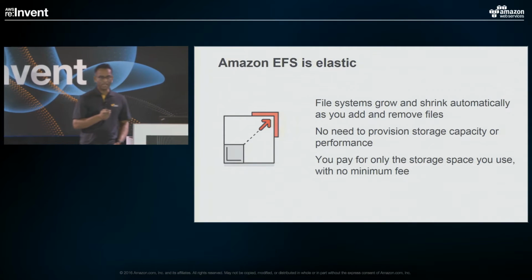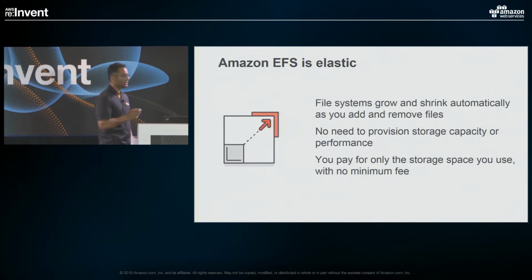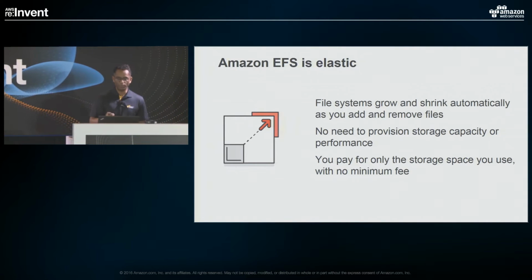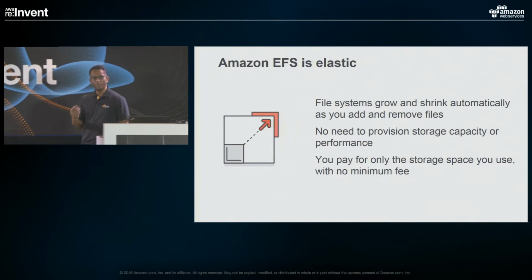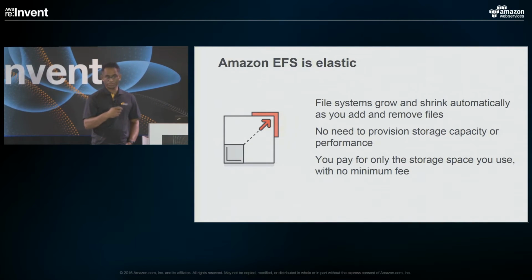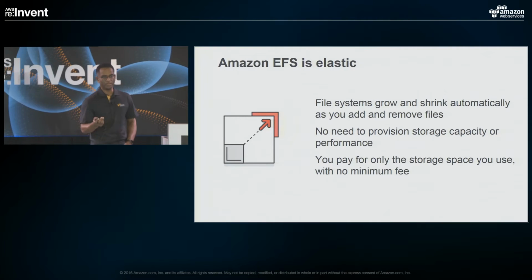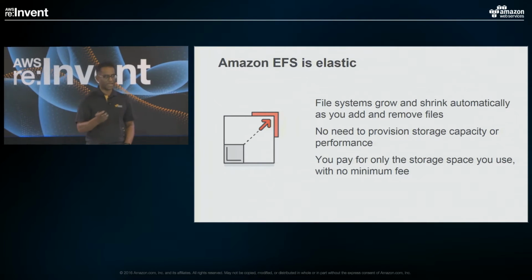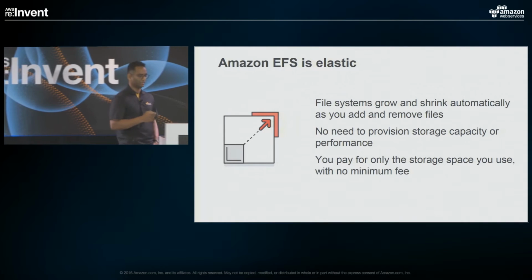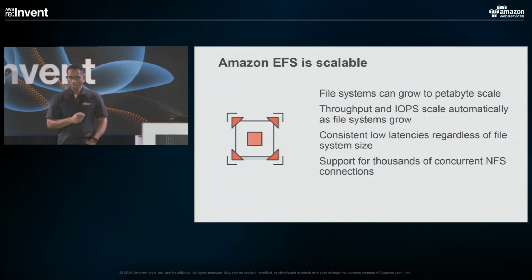EFS is designed to be elastic. What this means is that the file system can grow and shrink as you add and remove files. There's no pre-provisioning necessary, and there's no provisioning of either storage capacity or performance. It simply just grows in terms of capacity, and you get more throughput as you add more files, as we'll see in just a couple of seconds.